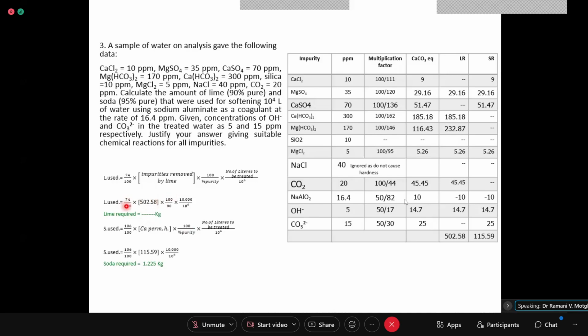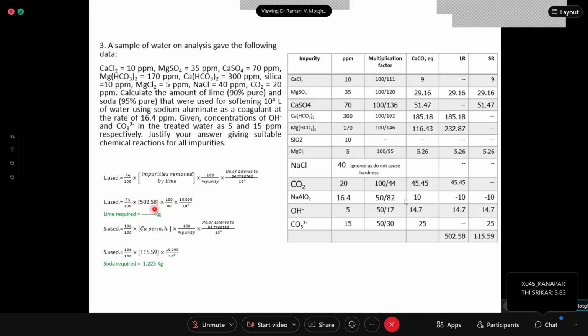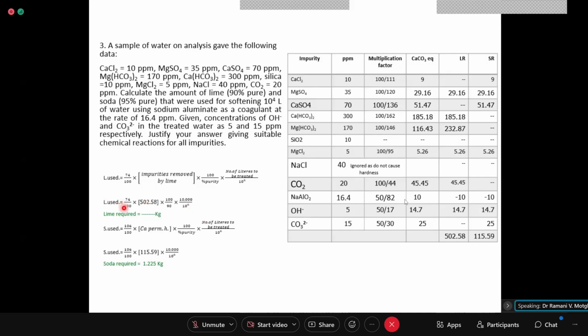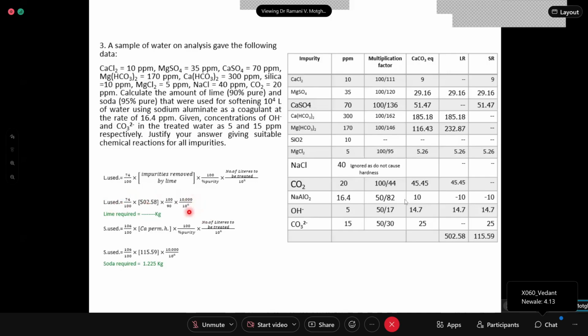See, this 100 will cancel. 74 by 90 into 502 into 10,000 by 10 to the power 6. 4.13 is said by roll number 5. Why different answers?